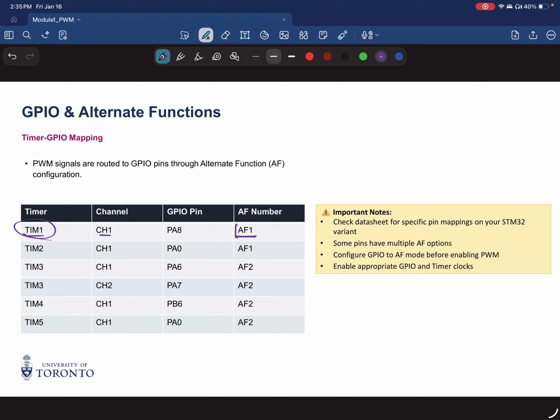But the output that allows us to get PWM exactly is through alternate function. So it's not regular push-pull, but it's in fact converting it to PWM. And that means there are some specific GPIO pins that have that PWM capability. Not all of the pins have that, so you have to be mindful.